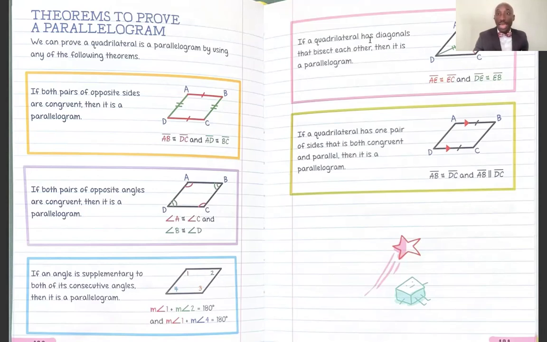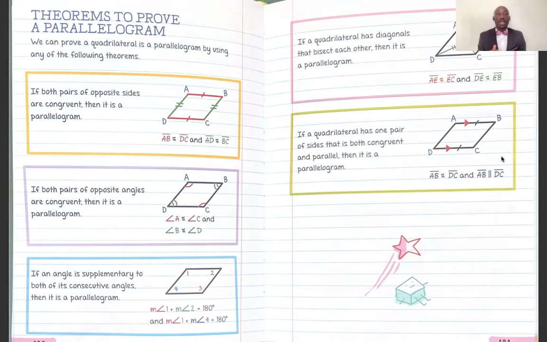If a quadrilateral has diagonals that bisect each other, it is a parallelogram, right? A to E to C is the same, and D to E to B is the same. If a quadrilateral has one pair of sides that is both congruent and parallel, it is a parallelogram. So if just one pair is both the same and parallel, it's a parallelogram.